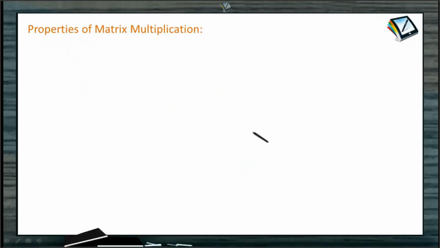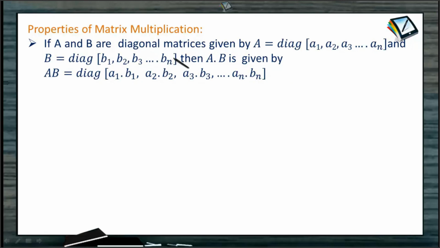Let's look at another important property of multiplication in matrices. If A and B are two diagonal matrices, then their product is another diagonal matrix whose elements are the corresponding products of the elements of the two matrices. To understand this, suppose we assume A is A1 0 0, 0 A2 0, 0 0 A3. That is a diagonal matrix.